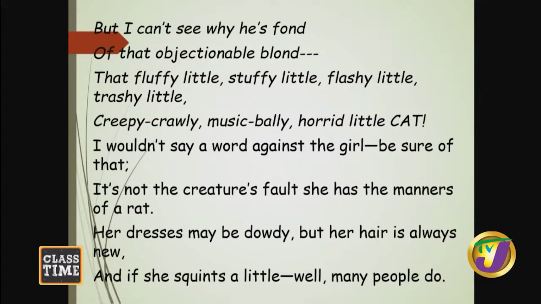But I can't see why he's fond of that objectionable blonde, that fluffy little, stuffy little, flashy little, trashy little, creepy, crawly, music bally, horrid little cat.